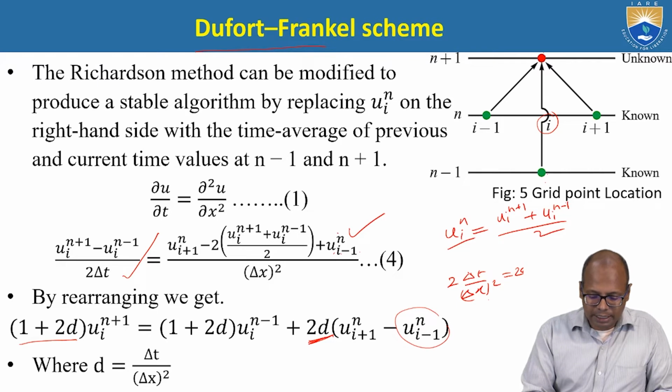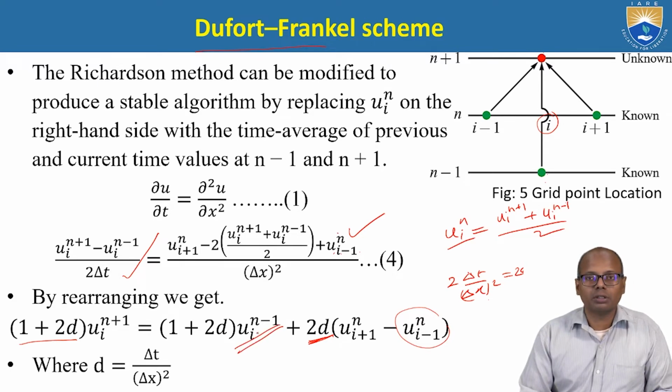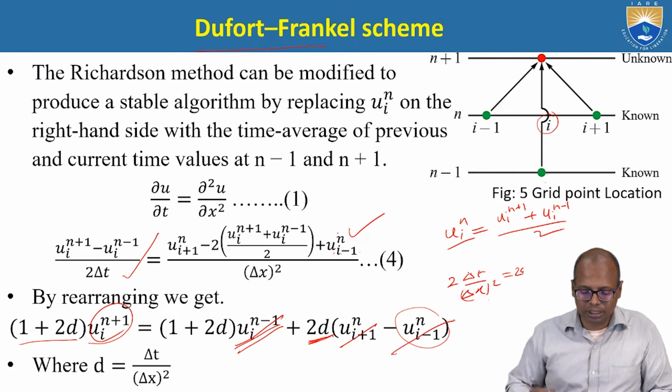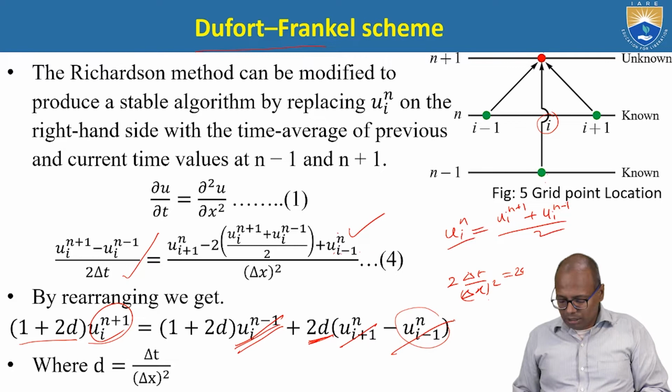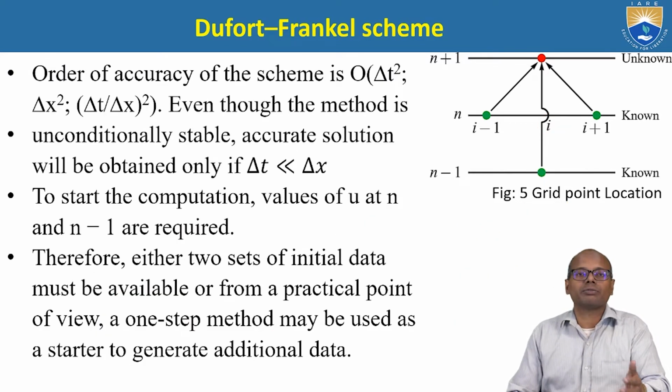Now there is another term, u_i^(n-1). This u_i^(n-1) is there, and here it is u_i^(n-1). So again, here this is an unknown value, and these are known values. Using all these known values, we can directly find out the unknown value. So it is an explicit scheme.